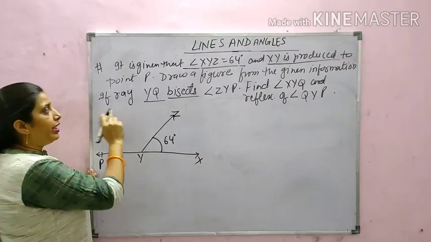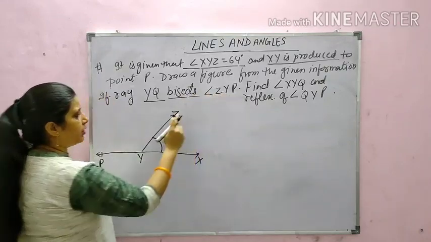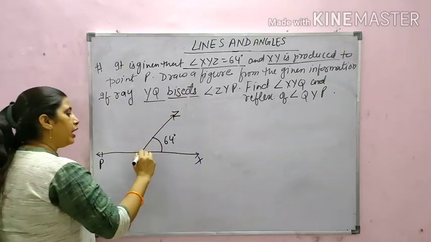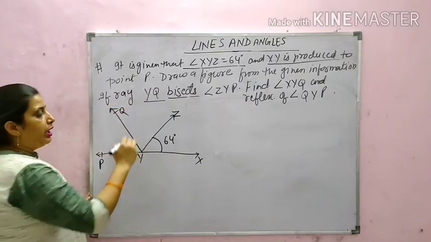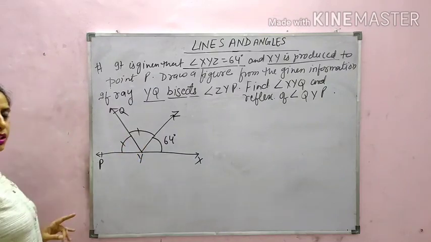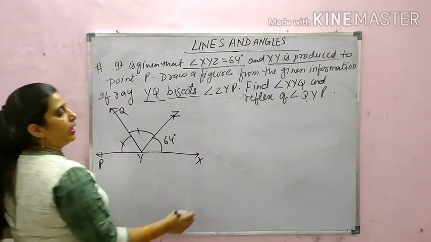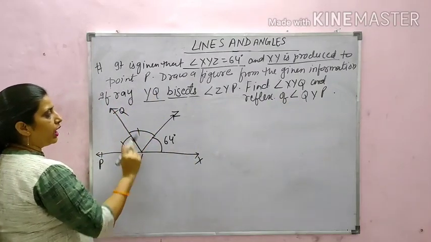Clear? Now next is if ray YQ bisects angle ZYP. If YQ, this is the ray YQ, it bisects angle ZYP. Clear? Then you have to find out angle XYQ.